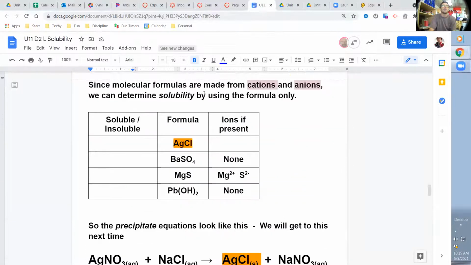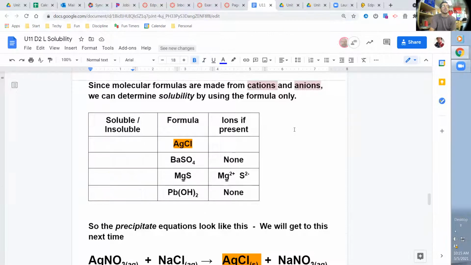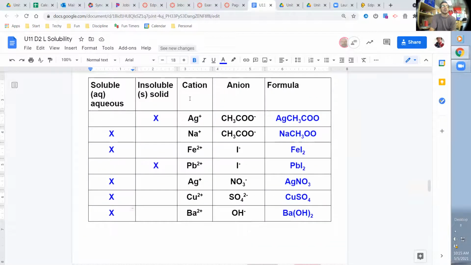Since molecular formulas are made from cations and anions, those are the positive ions and negative ions, we can determine solubility by using the formula only. So the questions don't have to look like this box. You don't have to know what the cation and anion is. You can just look at the formula and determine whether the substance is soluble or insoluble, because you can see that the formula right here is made up of silver and acetate. So you can determine that that's insoluble.